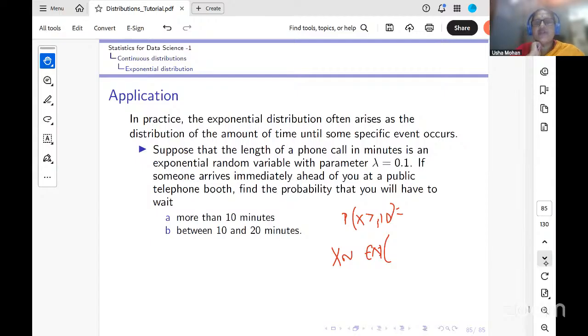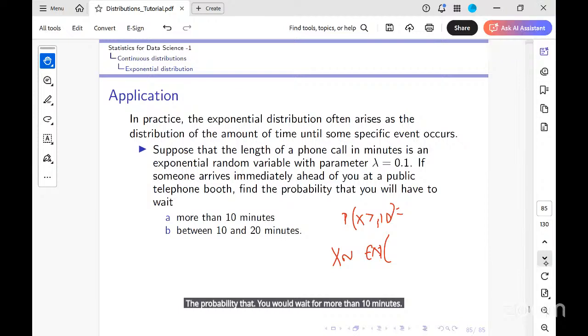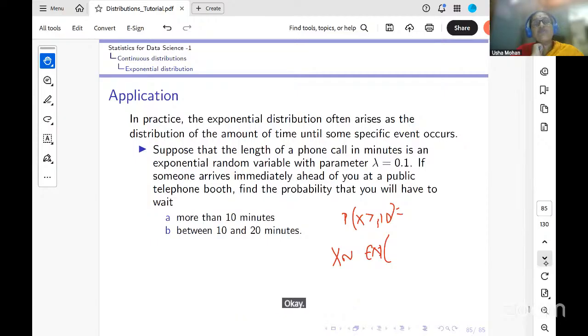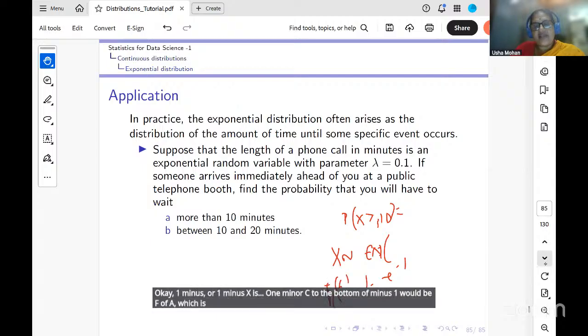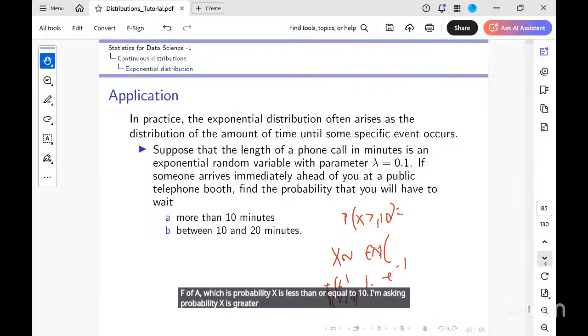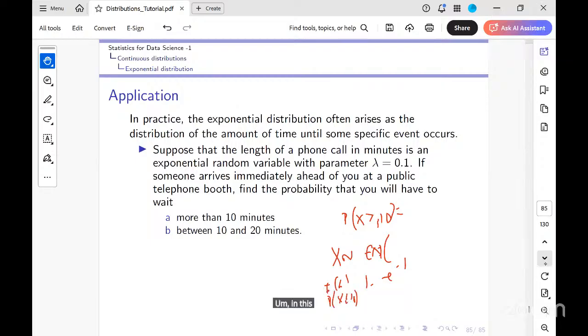The probability that x is greater than or equal to 10 is e to the power of minus 1. Note that 1 minus e to the power of minus 1 would be F of a, which is the probability that x is less than or equal to 10. I'm asking for x greater than or equal to 10, so it will be just e to the power of minus 1.